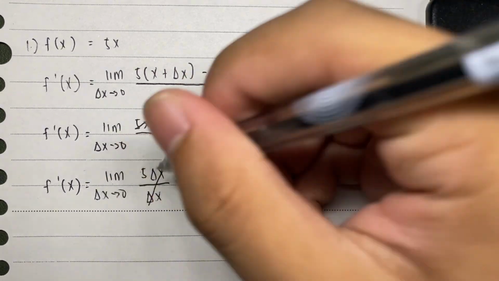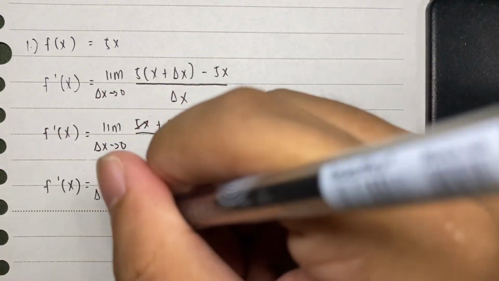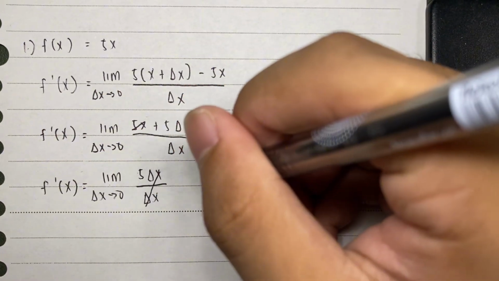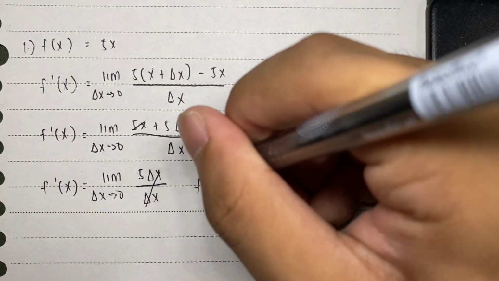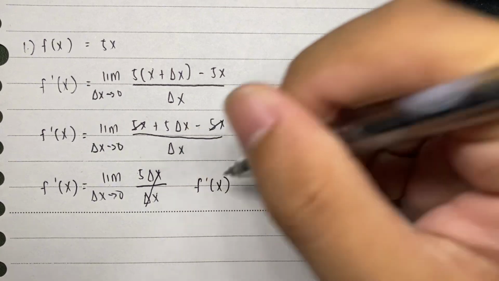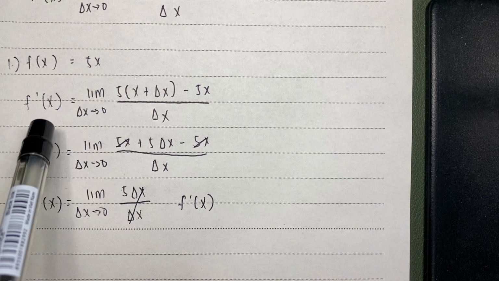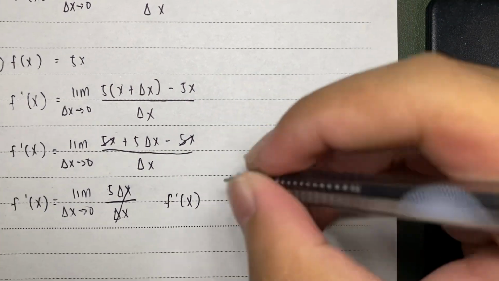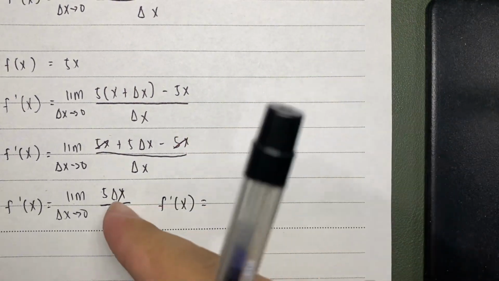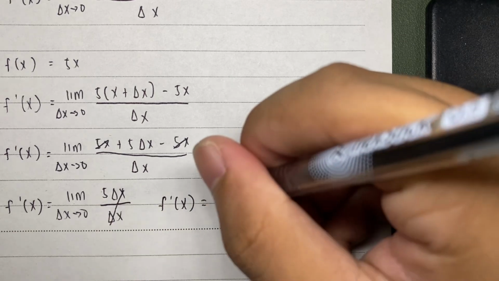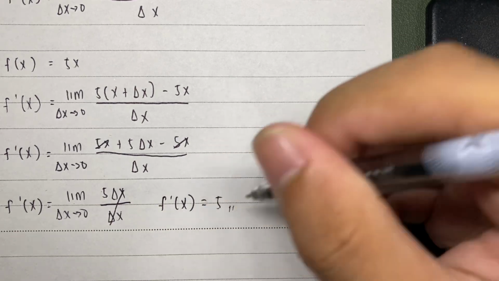So cancel again. Now we're left with f prime of x, sorry, all the f of x that I said was f prime of x. f prime of x is equal to 5. That's the final answer.